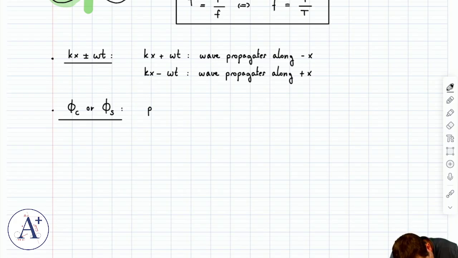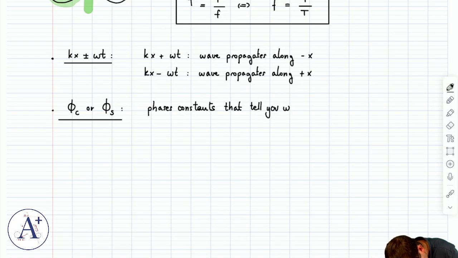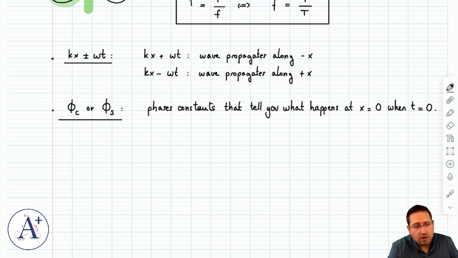So these are phase constants that tell you what happens at x equals 0 when t equals 0. Or more generally speaking, at any given location at a certain time.